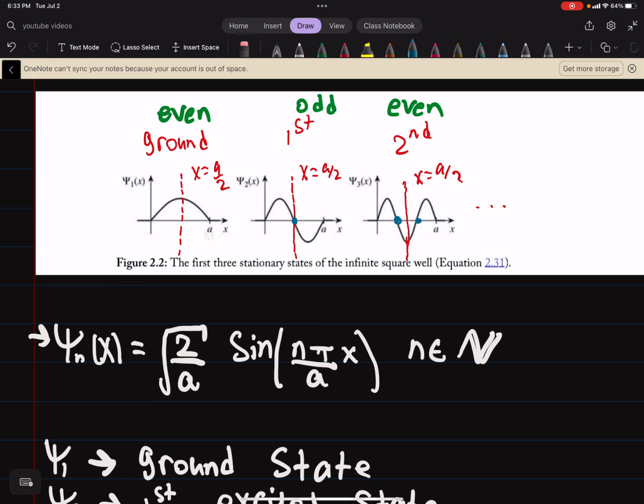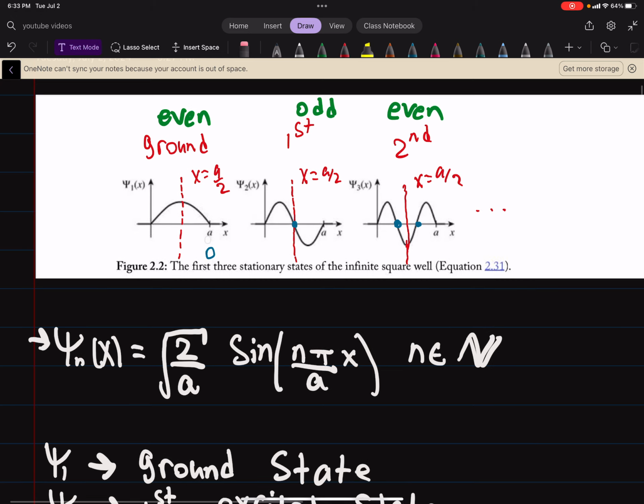Those are the boundary areas. The nodes, though, you can see it actually goes through and ends up on the other side. And maybe you see the pattern here. We start off with 0 nodes, and then 1 node, and then 2 nodes. And you can imagine if you keep going, you'll get more and more nodes. So each time you go up from an excited state, you get one more node.